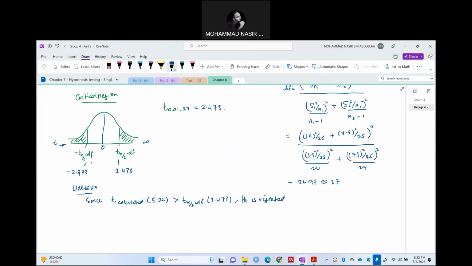Another way to understand this: this is 2.47, and our T calculated is 5.22, which lies inside the rejection area. So we reject the null hypothesis. This is a rejection area, this is also a rejection area, and this is the acceptance area.